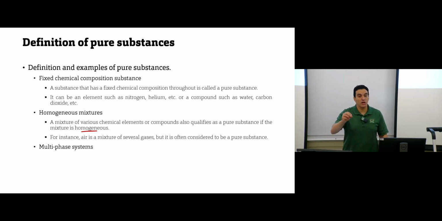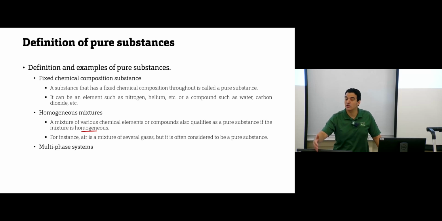But if you get an air sample from any place in this world, you will get almost the same composition. So this mixture is homogeneous. So although we know that air is a mixture of different compounds, when you are trying to model air or calculate physical properties of air, you deem that air is a pure substance.